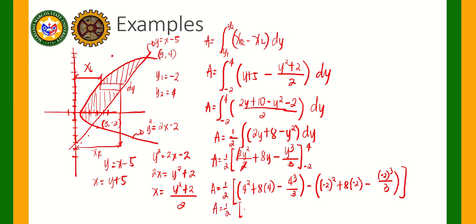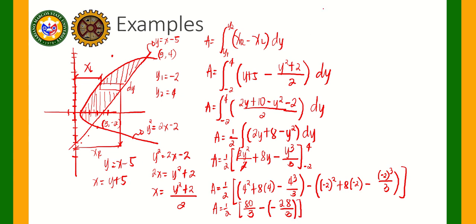So, first squared natin is, that is 16. Or, i-add na lang natin lahat. So, 4 squared plus 8 times 4 minus 4 cube over 3, that is equal to 80 over 3. And then minus negative 2 squared plus 8 times negative 2 minus negative 2 cubed over 3, that is equal to negative 28 all over 3.